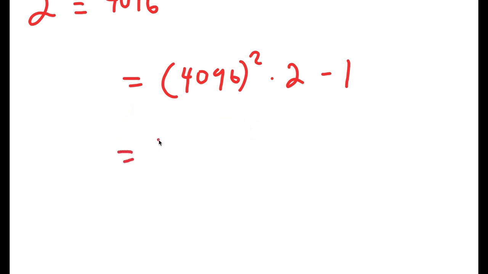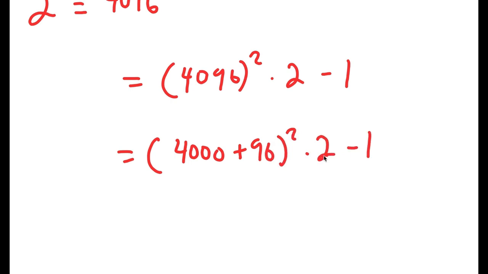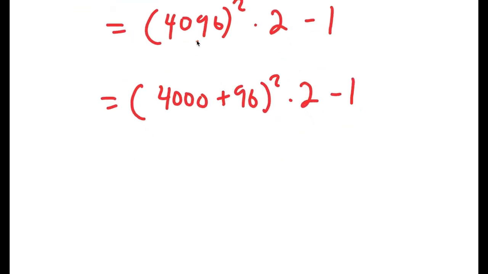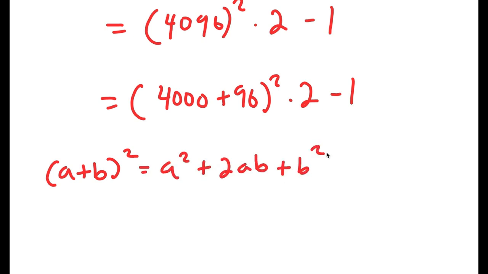And now I'm going to simplify this as 4,000 plus 96 squared times 2 minus 1. The reason I'm doing this is because 4096 squared is really hard to calculate by itself. So if we change it to 4000 plus 96 squared, I can use the property a plus b squared is equal to a squared plus 2ab plus b squared.